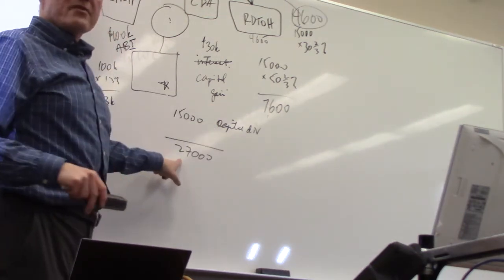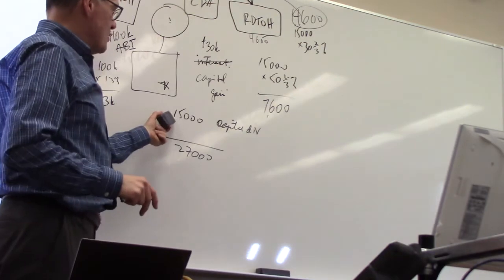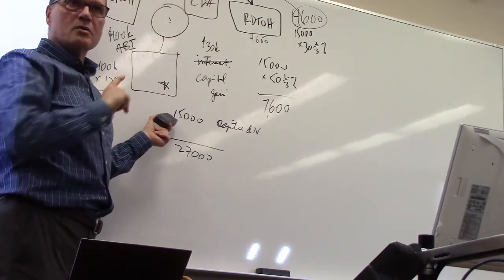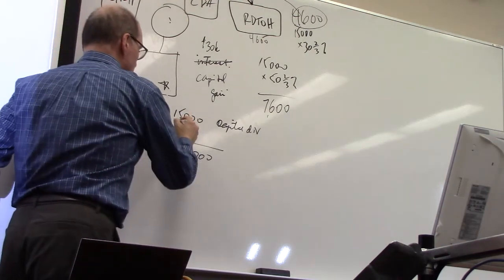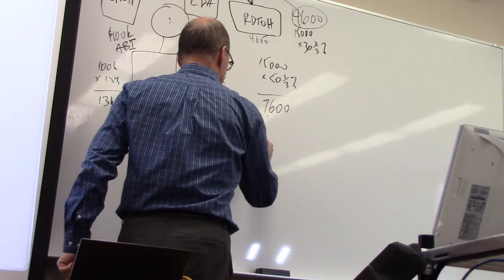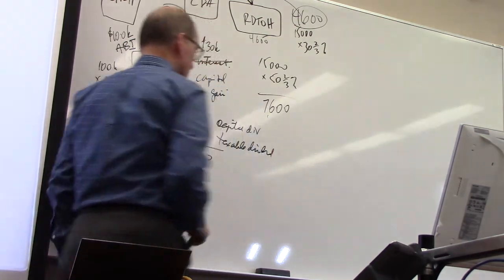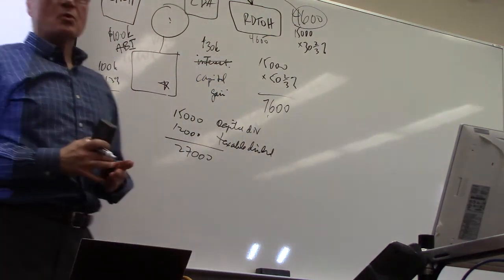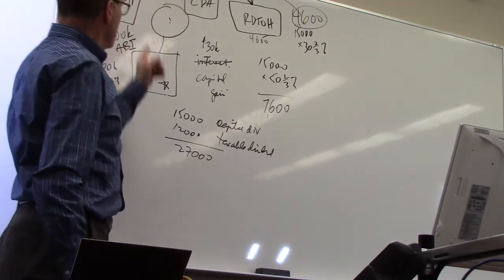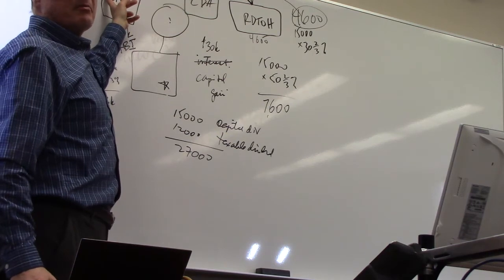So of this $27,000, $15,000 is a non-taxable to the shareholder capital dividend, and $12,000 is a taxable dividend. Eligible, non-eligible, whatever. In this case, non-eligible, because you recall there's nothing in the GRIP box.